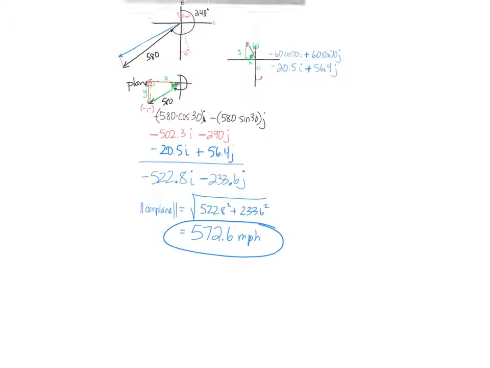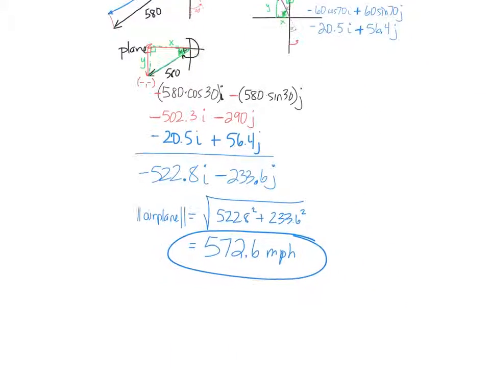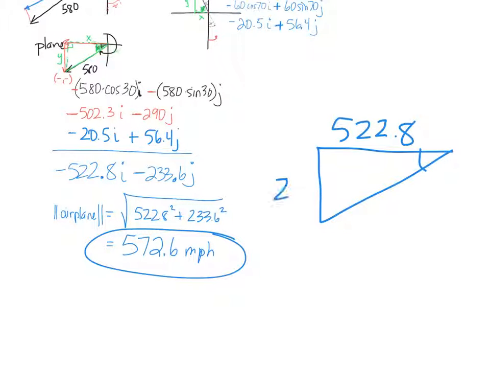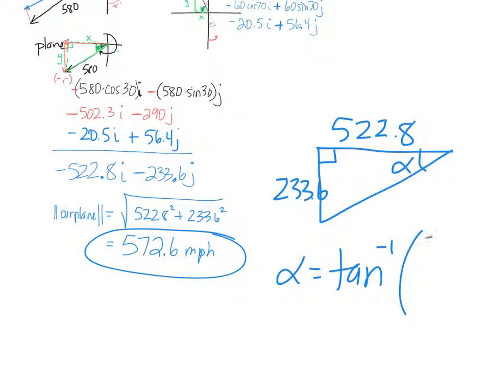Okay, now to figure out the course, I'm going to figure out what this angle is, right? This was 522.8, and this was 233.6. So I can find this angle by using the inverse tangent. So the inverse tan of the y value over the x value.